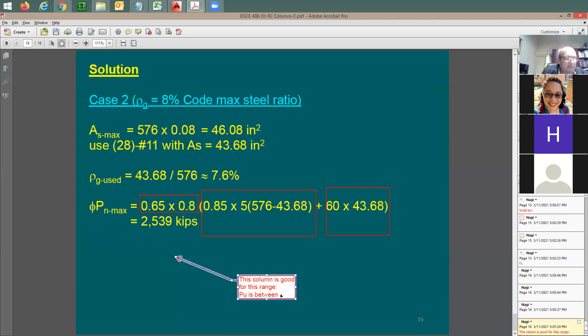So I'm gonna say here 1456, to, what is the upper bound? You see this one? 2539 kips. This column is good for this range. Otherwise, change the column size.